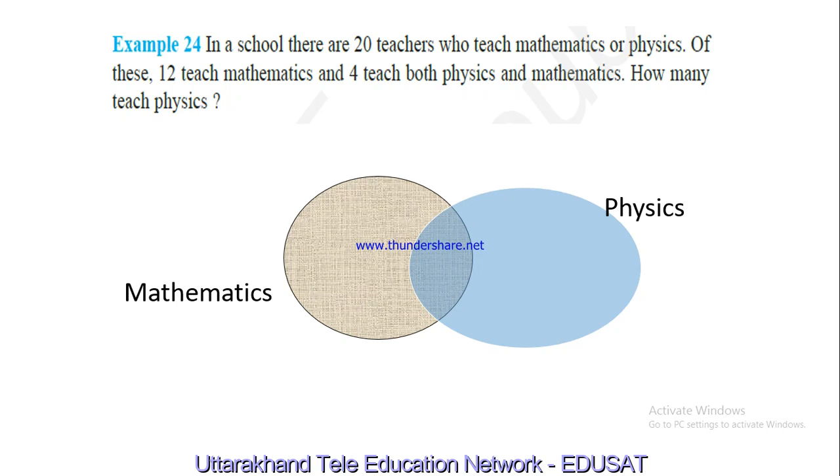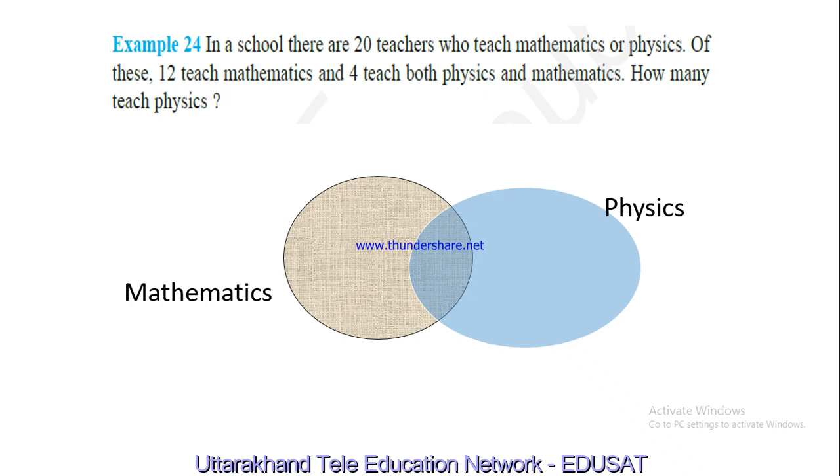You simply mention it. In case there is no overlap, then naturally the value of overlap would come out to be 0. So as of now we'll just depict it using the standard diagram. Now we have got two sets. One is of those who are teaching mathematics, the other one is those who are teaching physics, and there is an overlap between the two sets. That is what we have shown here.